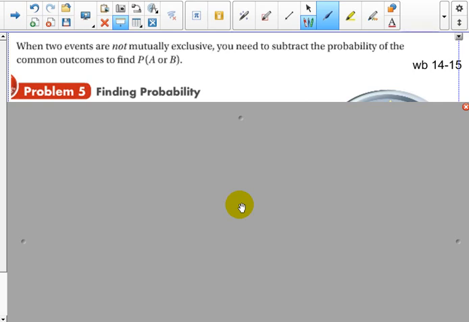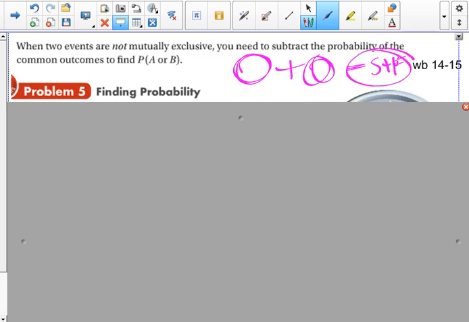Because they're in both. So you have to take out the ones that are in both Spanish and French. So let's take a look at how you work those. You're going to take the Spanish plus the French, and then you're going to take away the Spanish and French overlap, okay, to account for those that got double counted, right?